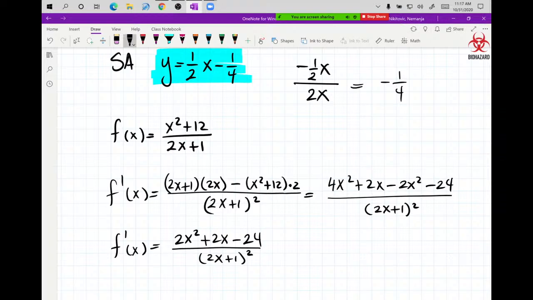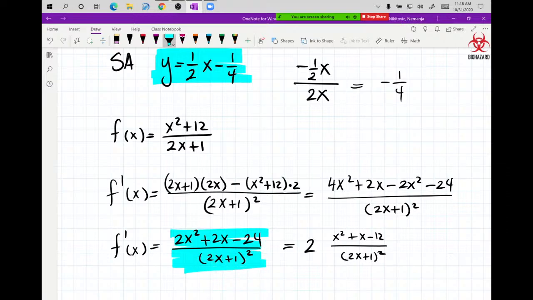Now, you do see that you can factor out 2 on the top, right? I hope you do. So 2 times (x squared plus x minus 12). That's a huge help, actually, because now it's a joke to solve it equal to 0. So I have my first derivative here, but I will use this one to do my first derivative test.